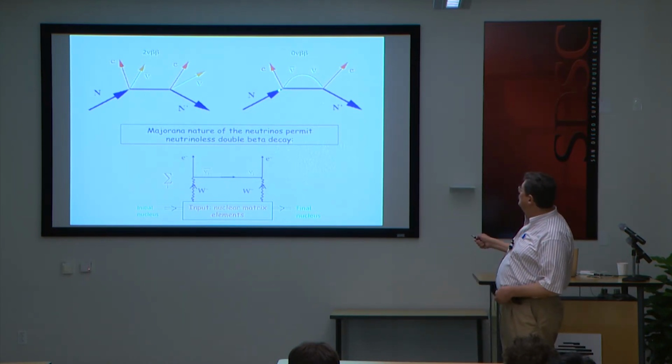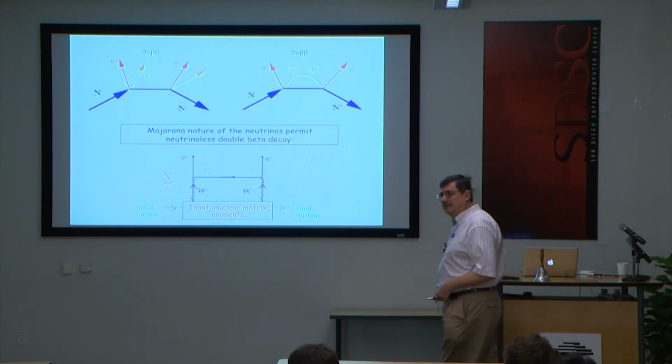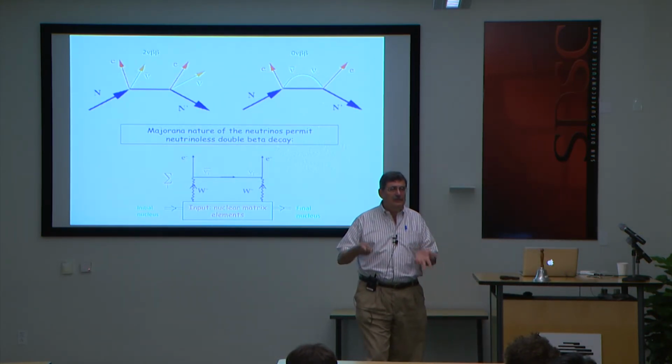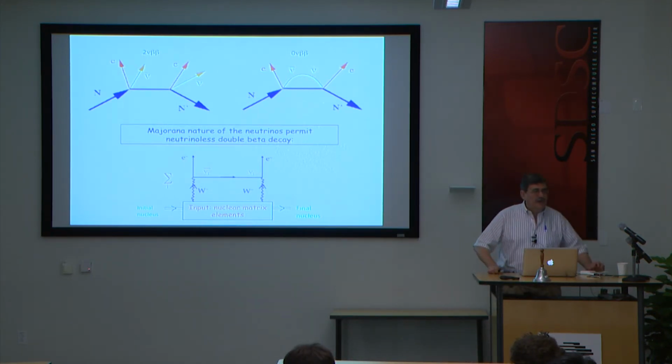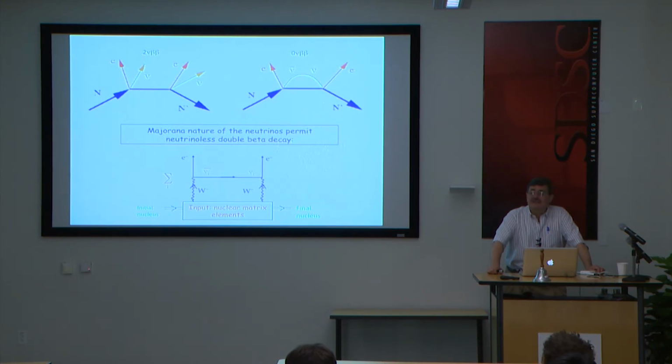Namely, a mother nucleus will give rise to a daughter nucleus, and two electrons would be emitted, but you would not see the two neutrinos. This is the neutrinoless double beta decay. That is actually very important to observe because it tests the Majorana nature of the neutrino. It also is a fundamental process because it tests if lepton number conservation is a good symmetry of nature or not.